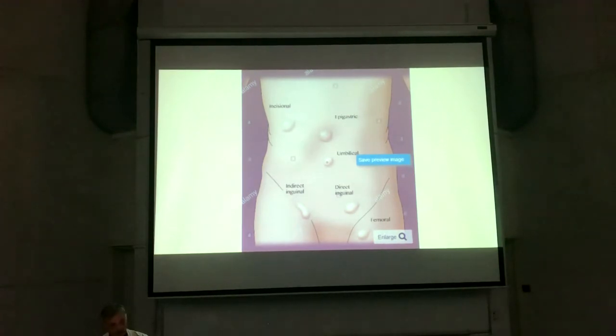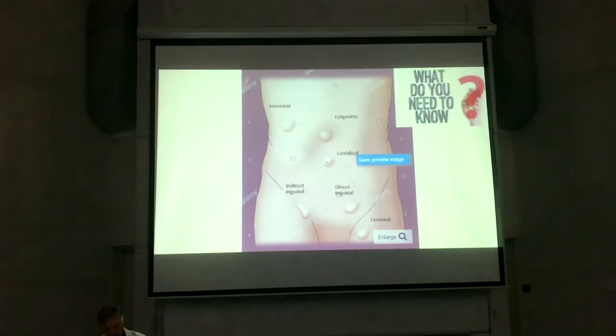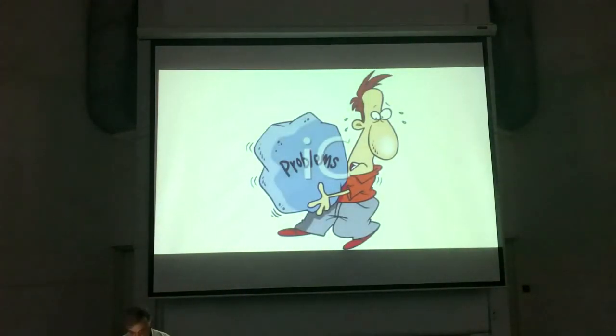Sometimes it is not closed. Or a person has chronic cough, increased intra-abdominal pressure repeatedly, there is going to be a hernia. We're going to have a special lecture for that. These are problems.